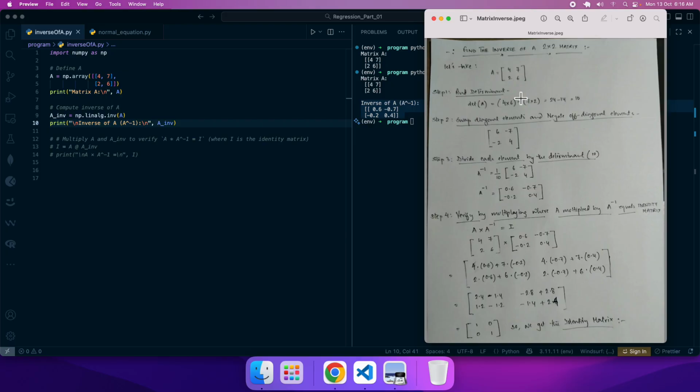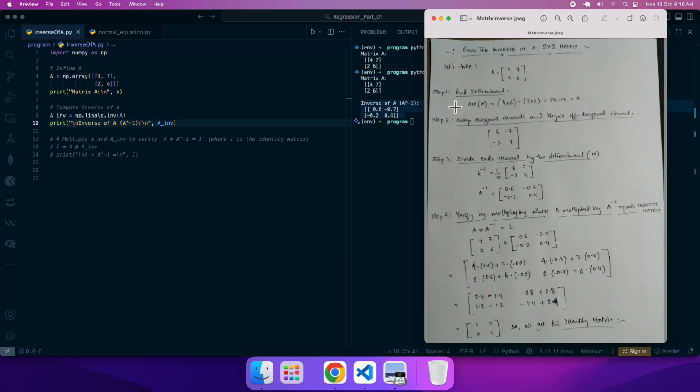In order to find the inverse of a matrix, we have to follow 4 steps. Let me show you these steps one by one, which actually happen behind the scenes when we call np.linalg.inv. To reveal those internal steps is what I have done right over here. I have considered this particular matrix 4 7 2 6.